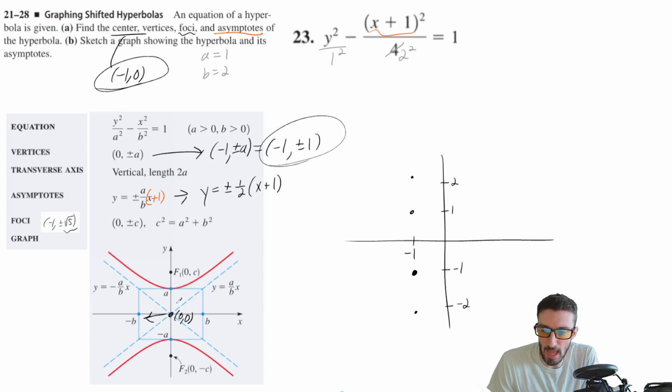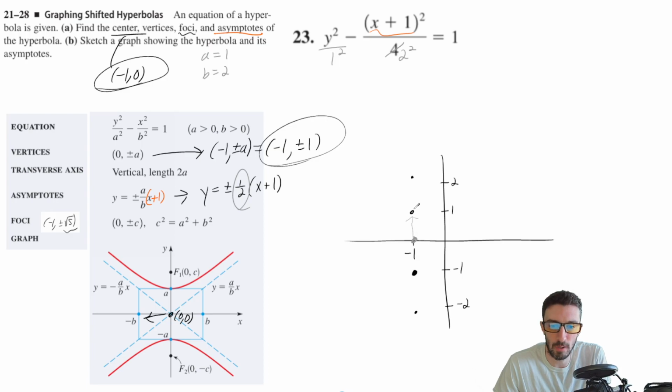And now our asymptotes, they're going to intersect at our center, which in this case is negative 1, 0. But then these are the asymptotes. So in order for me to sketch those, I know that they're actually going to intersect at my center. And then because of my slope of 1 over 2, I know I can go up 1 over 2 units.